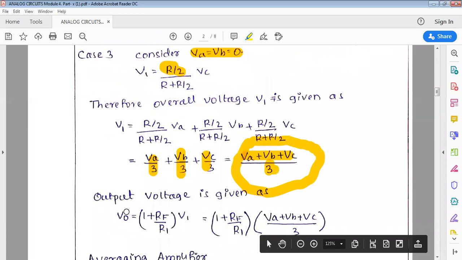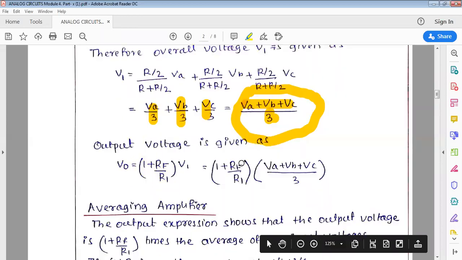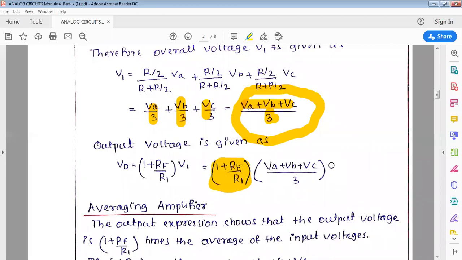So the output voltage V0 is given by 1 plus RF by R1 into V1. So 1 plus RF by R1 is the voltage gain of the non-inverting amplifier, multiplied by the voltage available at the non-inverting terminal, which we got as VA plus VB plus VC divided by 3.